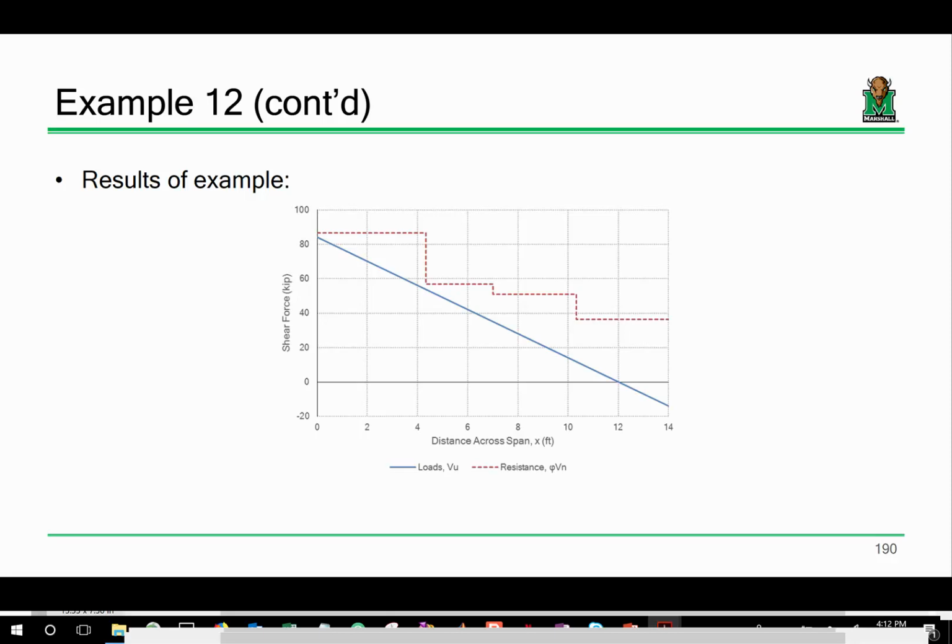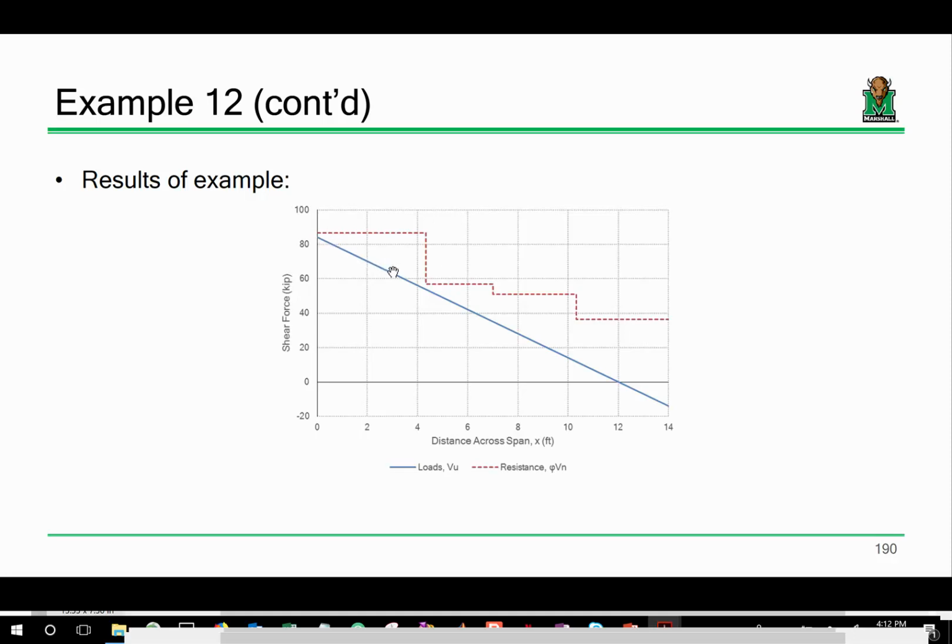So this red dashed line that you see here, this is obviously a scale. I did this in Excel, but this is looking at the capacity of this beam along the span. So if you notice, I have 1, 2, 3, 4 regions. Each of those regions represents the 4 FEVN values I just computed.